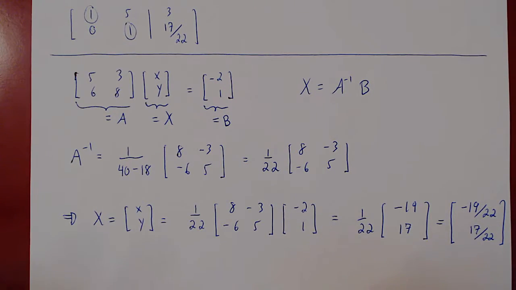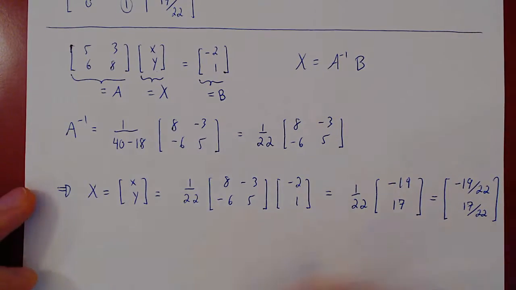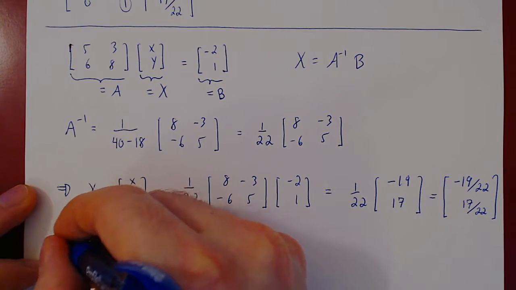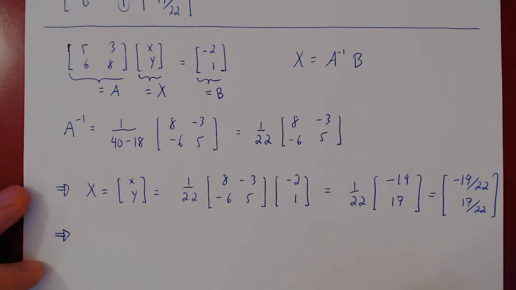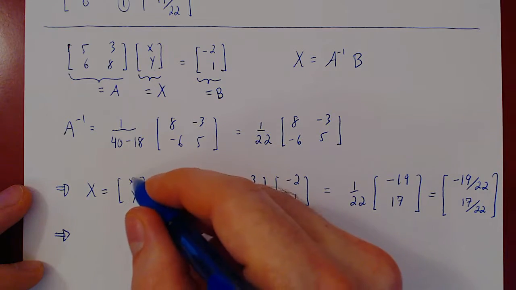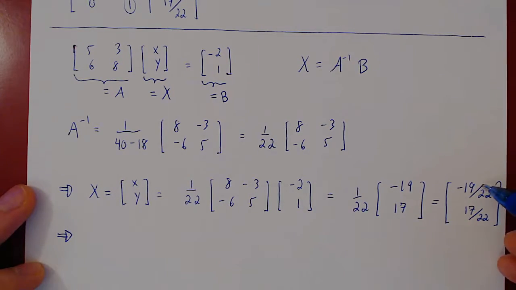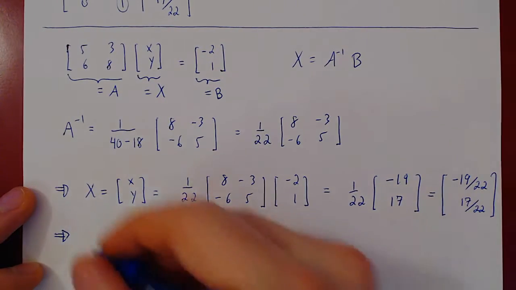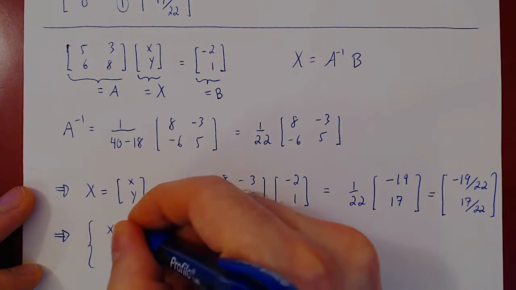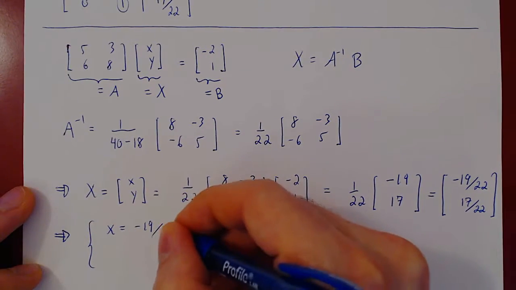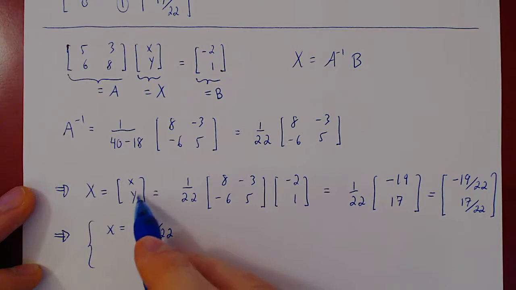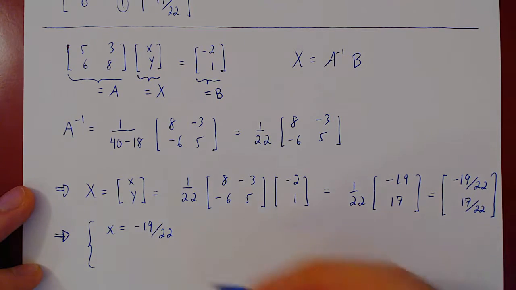And so if you look, what is our conclusion? Well, we have an equality of column matrices. They can only be equal if they have the same corresponding entries. So x equals negative 19 over 22, and y equals 17 over 22.